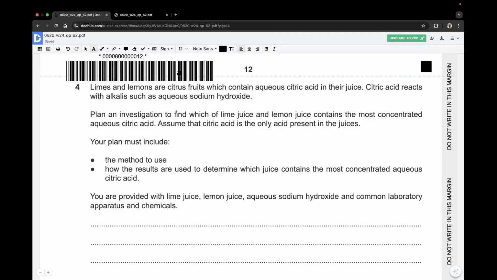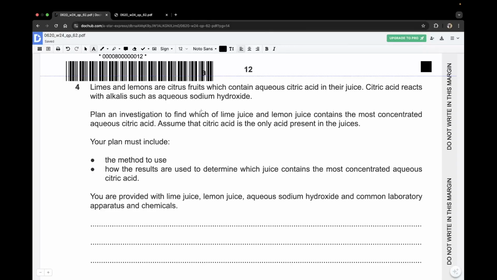Citric acid reacts with alkalis such as aqueous sodium hydroxide. Plan an investigation to find which of the lime juice and lemon juice contains the most concentrated aqueous citric acid. Assume that citric acid is the only acid present in the juices. So, if you just think about this, they want to see which is more concentrated, and they've given you a hint that it reacts with alkalis.